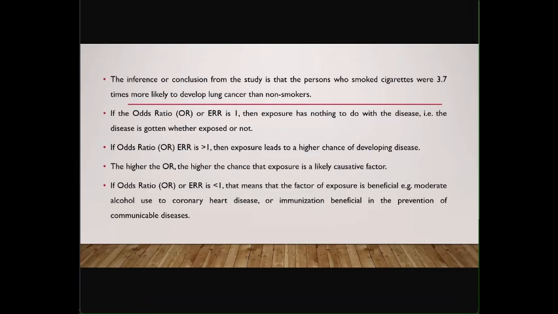We interpret it that people who are smokers are 3.7 times more likely to develop, watch my words, more likely to develop lung cancer compared to those who are non-smokers.